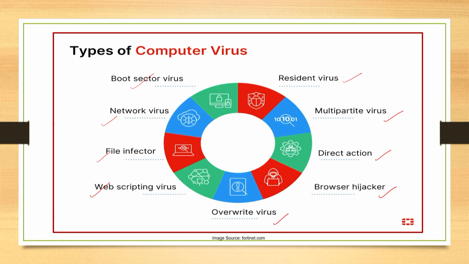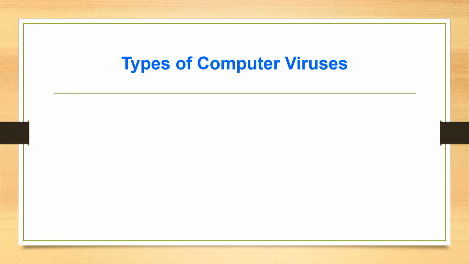These viruses should be removed. Why? Because they cause harm to the data. They may modify the data or information, delete the data, or steal important information from the system where they have attacked.